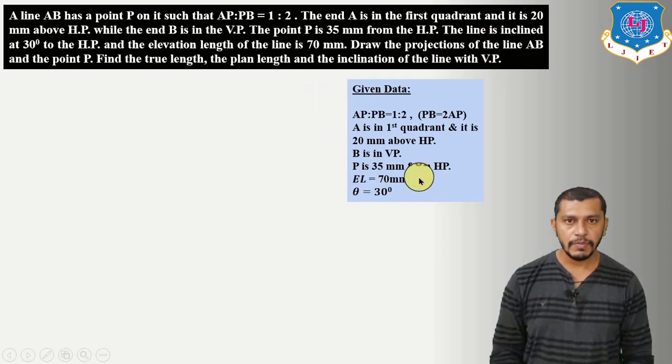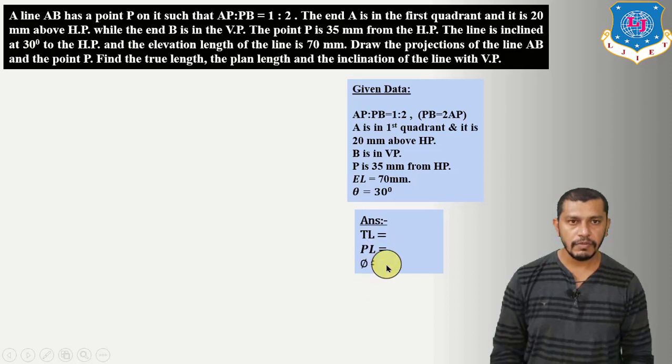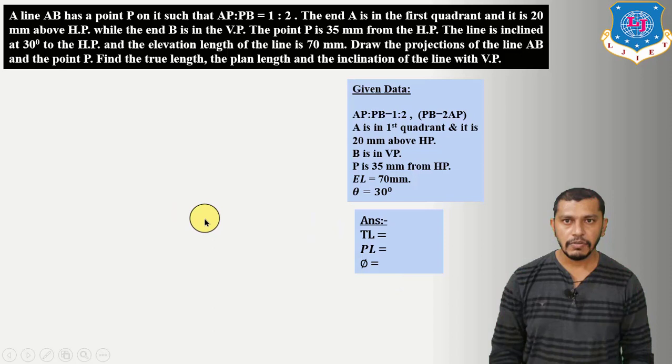That means we have to find out the plan length and elevation length of the line, and we have to draw the projection of P also and find the true length of the line TL, the plan length of the line PL, and the inclination of the line with the vertical plane, that is the phi angle. So let's try to draw the example.